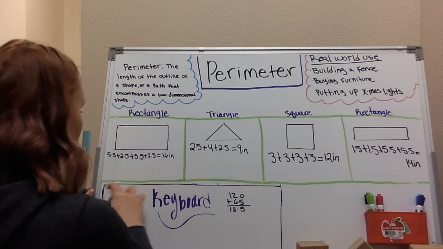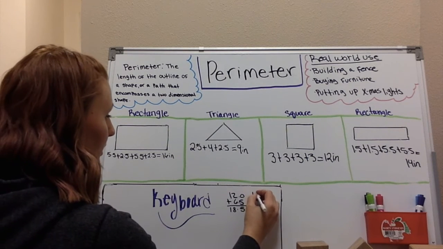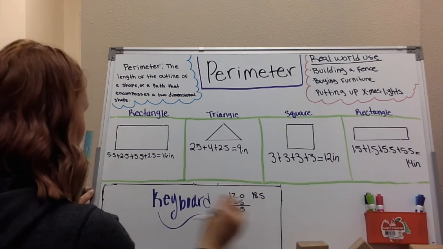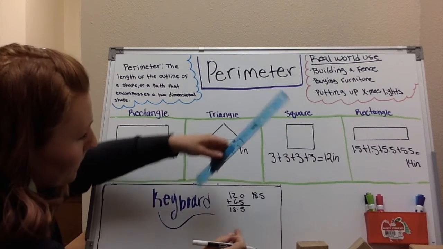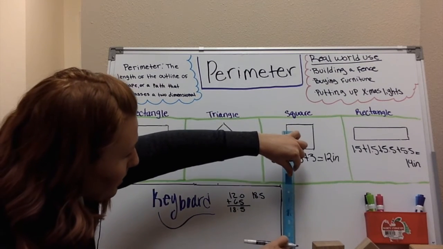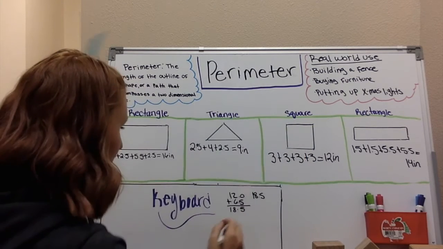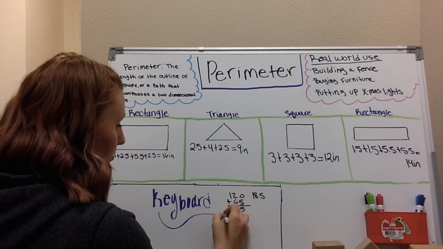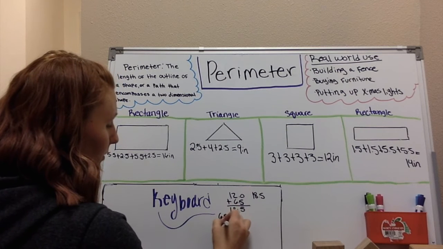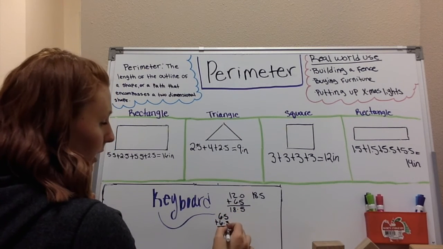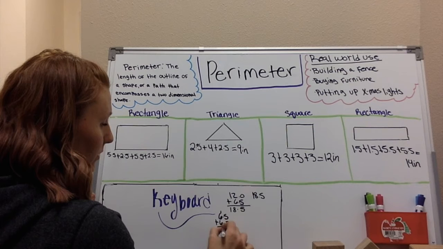So one side of the keyboard is 18.5, and we need to measure this side. So we're going to go from the bottom right here, and it's 6.5 plus 6.5 equals 13.